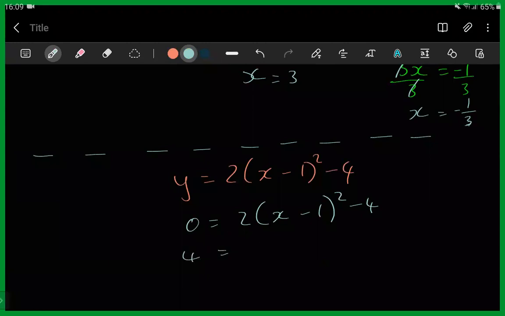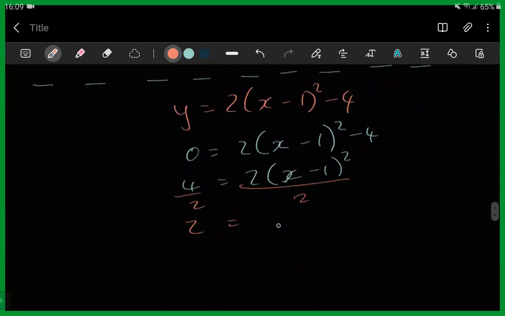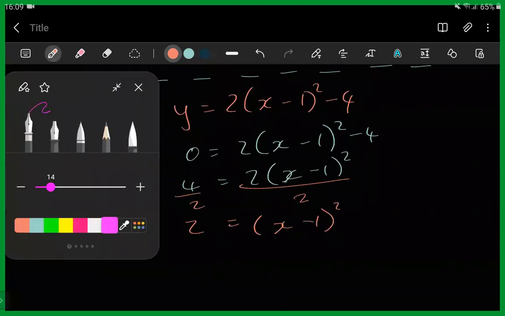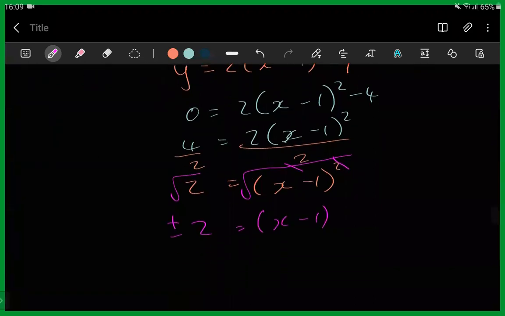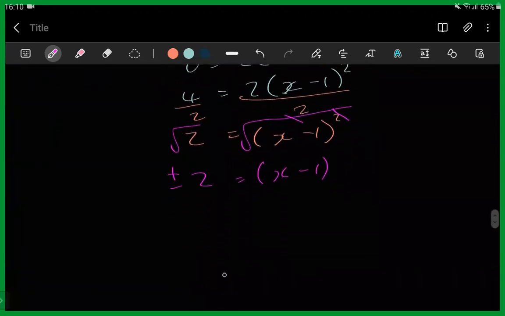Take the 4 over, and then you can just divide by 2. Dividing by 2 here, you end up with the 2 here. And then the x minus 1 bracket with the square, you can just square root it. But then remember to put plus or minus to your answer here. Plus or minus 2, x minus 1. So that you have two sets of answers, you see.